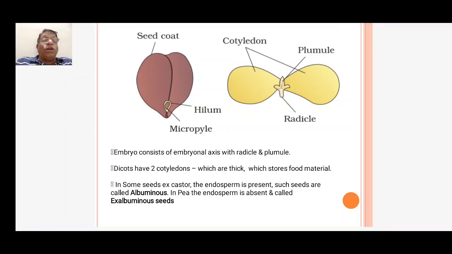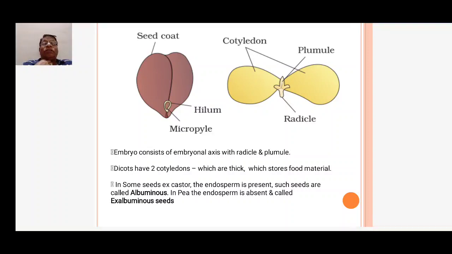The dicots always have two cotyledons, which are thick and fleshy, which means cotyledon store the reserve food material. The embryo consists of embryonal axis with radicle and plumule. Okay.